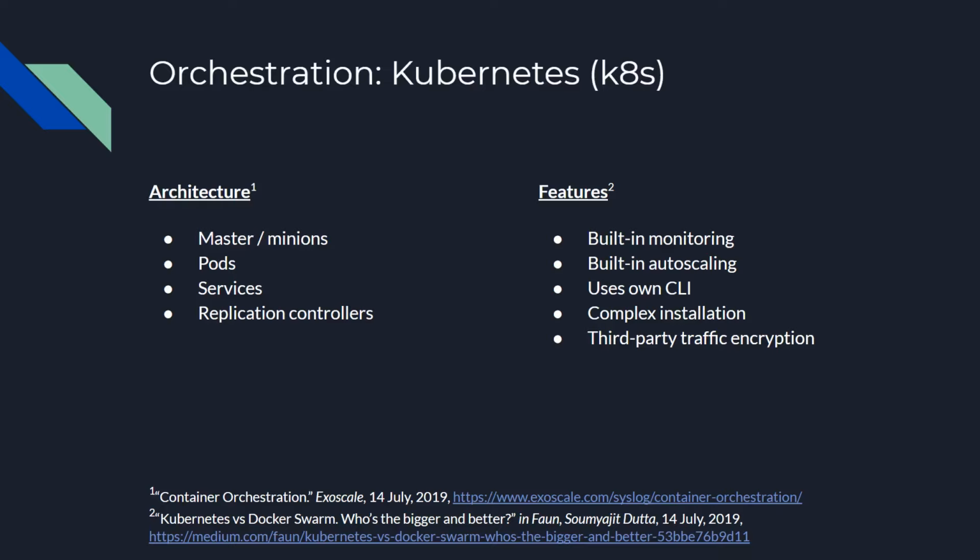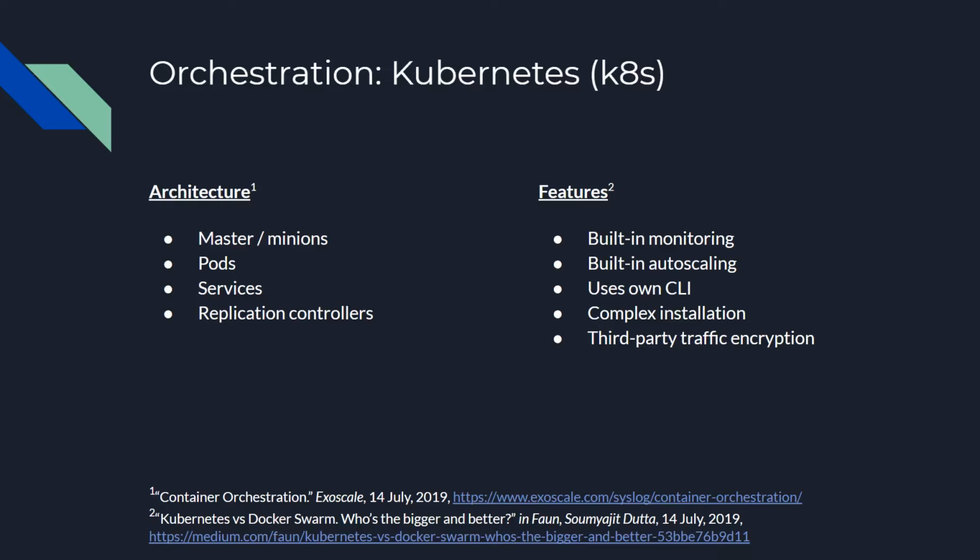Kubernetes has a much more complex installation than Docker Swarm. There's not going to be a single command or a single one-stop shop to stand up a Kubernetes cluster. It's going to take a little more research to get that up and running. And if you want traffic encryption internally, you'll need to use some sort of third-party traffic encryption.